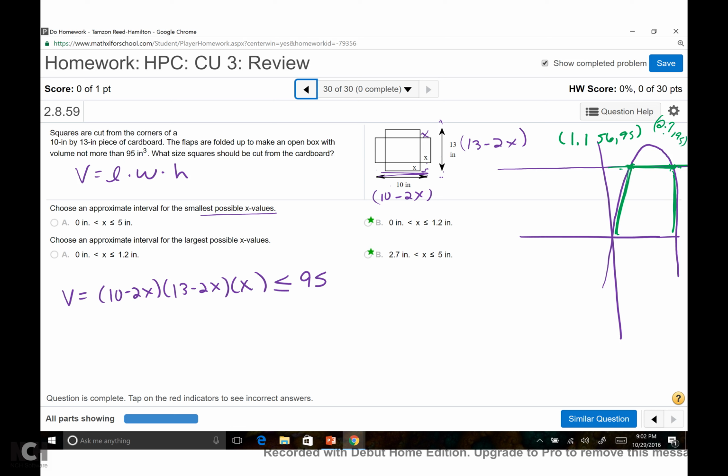Okay, so we've got those intersection points now, where the smallest x possible values are going to be in between this section.